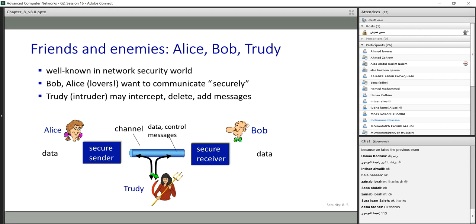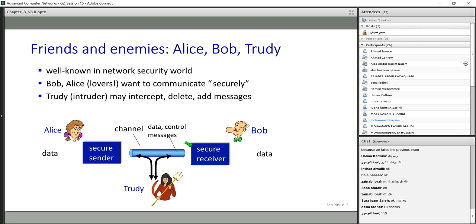For example, to Bob, Trudy says, okay, Bob, I don't love you. You are a bad man. And at the same time, sending to Alice, oh, you are not good. You are crazy. I don't know. You are stupid, Alice. You are not beautiful or something like that. So this Trudy can do everything because he or she is sitting here over the communication channel between Alice and Bob.